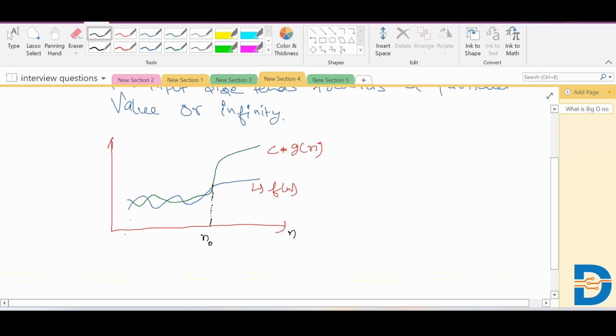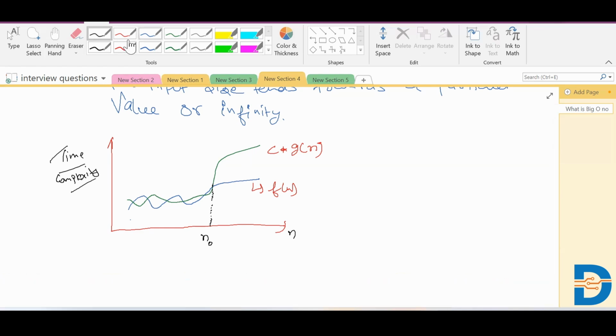The x-axis signifies the number of input sizes, and as we go along the scale the input sizes increase, and the y-axis is the time complexity. There are two functions, f of n and c times g of n. When the input size was small, both had more or less the same time complexity, but after a certain point it rapidly increases.